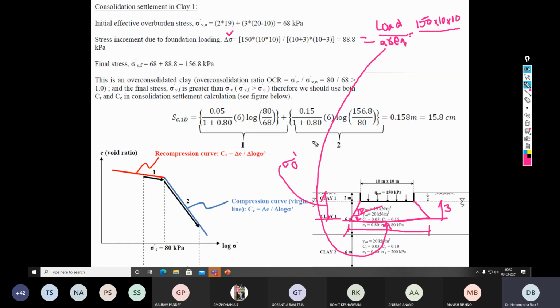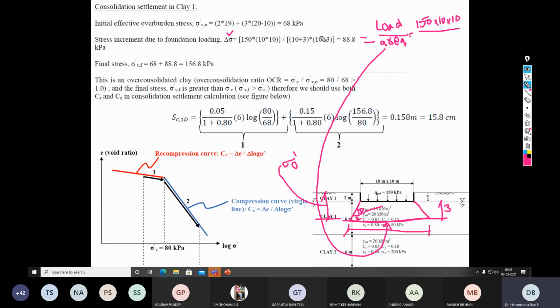Yes, please. Still any confusion? Okay, so then calculate delta sigma at the middle of the clay layer, that is 6 divided by 2, 3 meter. So effectively it becomes 3 plus 2, 5 meter from the ground surface, but 3 meter from the foundation level.